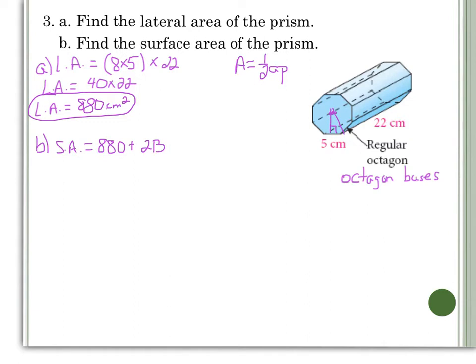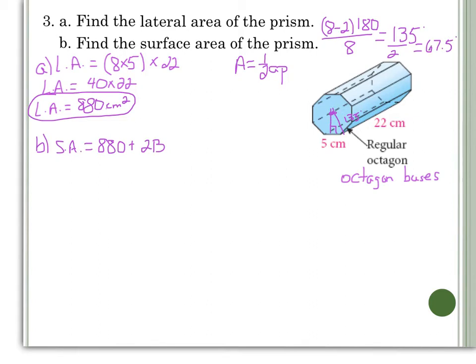Each of my angles I would have to find by taking 8 minus 2 times 180 divided by 8. So each of my angles in the regular octagon are 135 degrees. So that's these angles here. Now when I draw in my right triangle, that splits that angle in half. So my angle in my right triangle is 67.5 degrees.